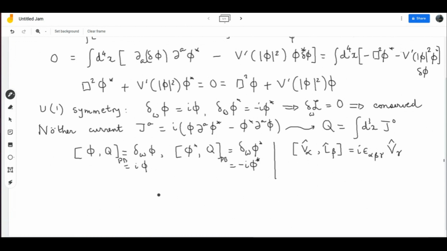Another way of doing this is going to a basis in which you look at the diagonal, at the eigenvalues of Q, and the eigenvalue of Q corresponding to φ in the operator sense would be +1. This is how you derive spin, how you talked about spin half with plus half and minus half eigenvalues in angular momentum. I'm assuming that you're familiar with that. So that is what we use to say that φ has charge 1 and φ* has charge −1.